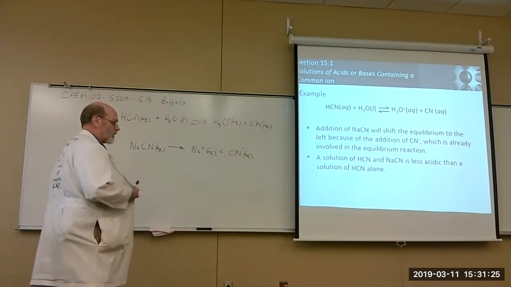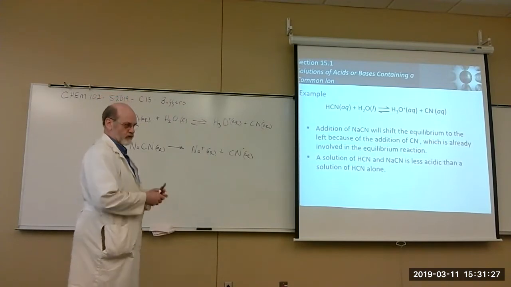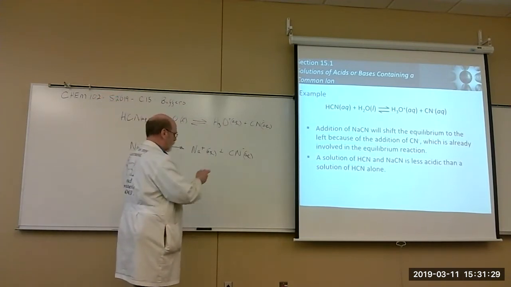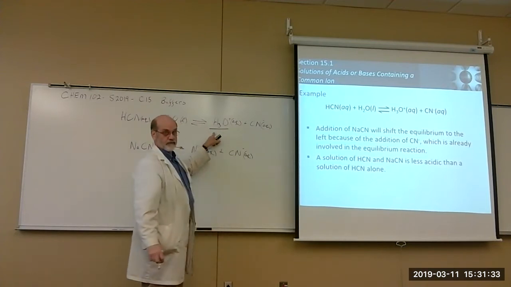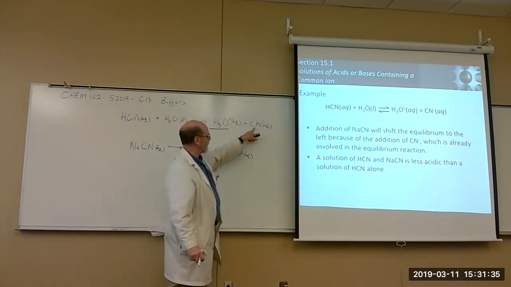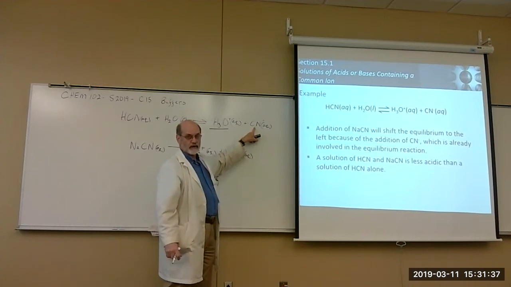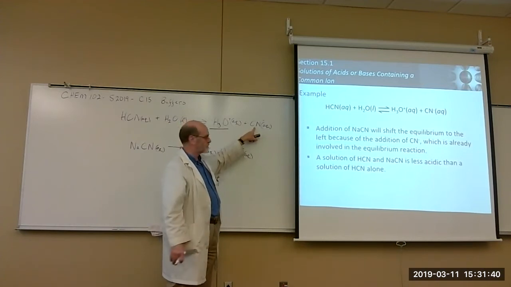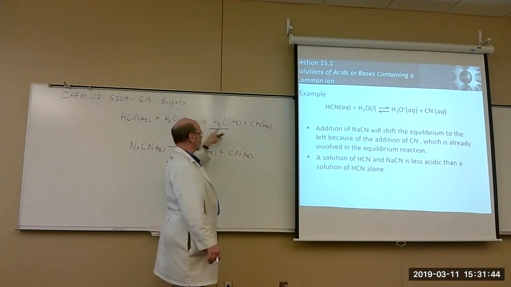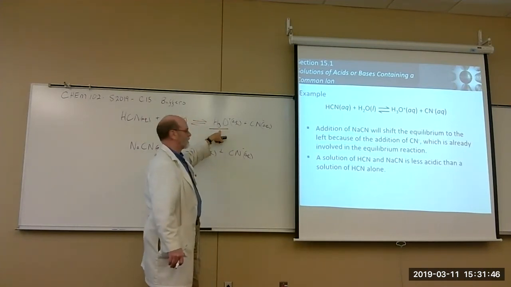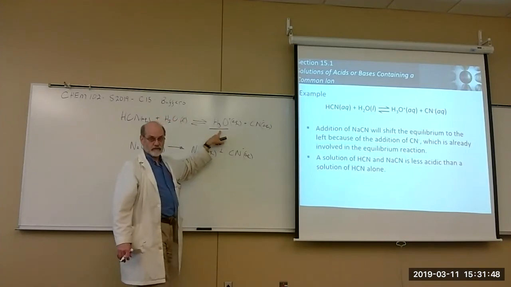Now, what does that do for the acidity of the solution? Well, if we recognize that the acidity is based on hydronium ions, so if we add cyanide ions to this equilibrium mixture and shift back toward the reactants, we're going to have to consume some of these hydroniums.